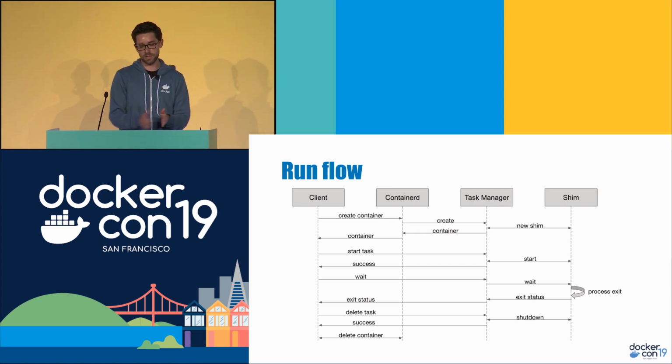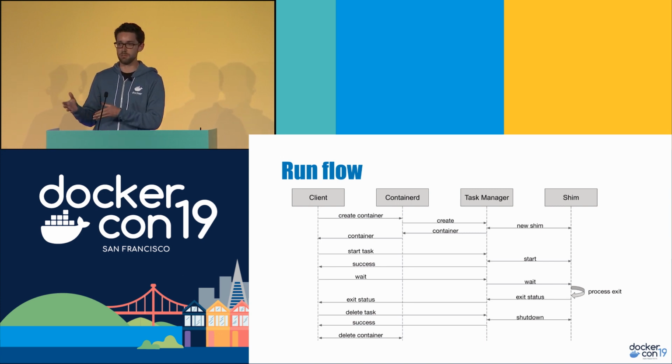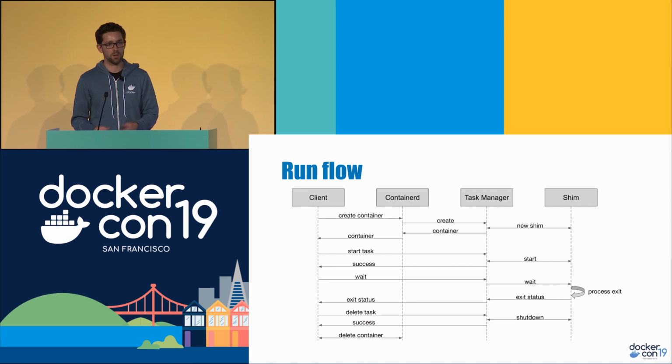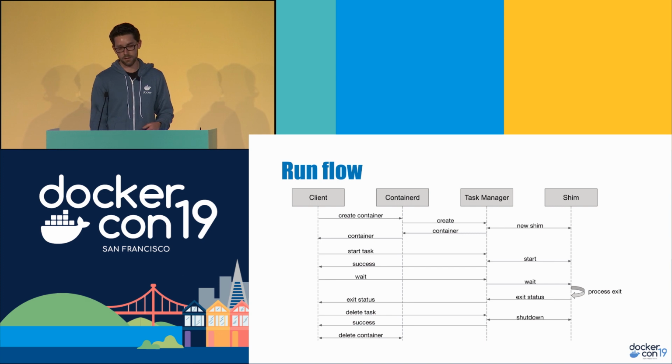So when you actually do a create container, containerd is going to call its task manager. The task manager is going to create this shim process, and that's going to call the binary that was compiled for this containerd shim. So that could be the runC shim, it could be gVisor, it could be Firecracker.